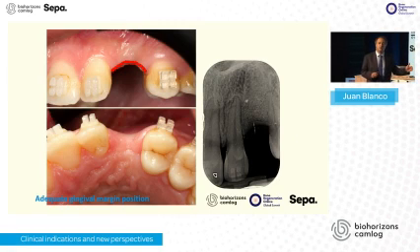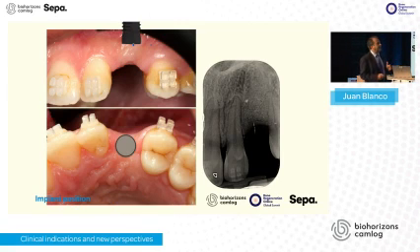With soft tissue, with hard tissue, or with both? It is going to depend on the treatment plan. And this is very important to understand, that this is what is going to show us if we should go only for soft tissue or both hard and soft tissue.